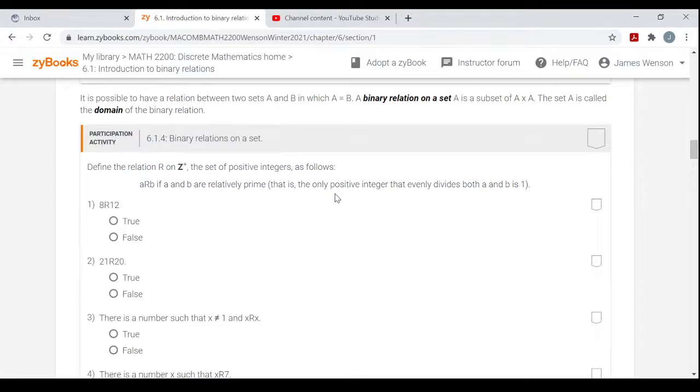That means the only positive integer that evenly divides both A and B is the number 1, right? The largest number that goes into both of them is 1. All right, so again, I'm going to go to a piece of paper and I'm going to start representing this relation in multiple ways.